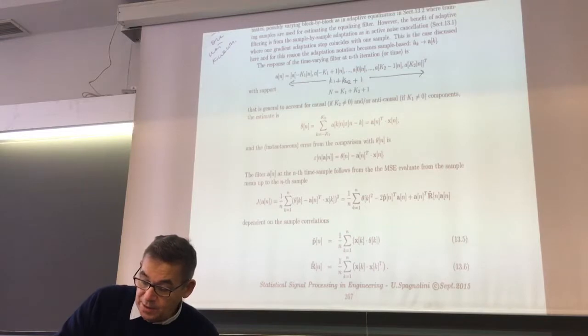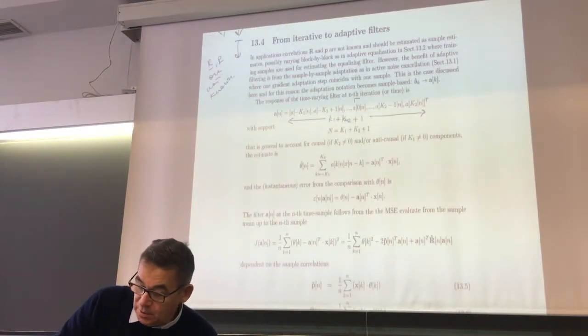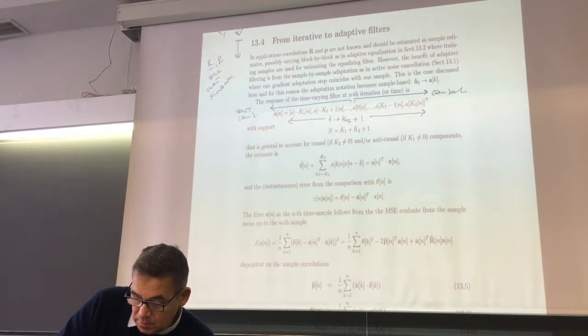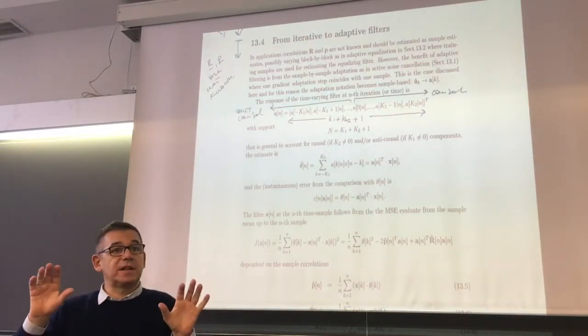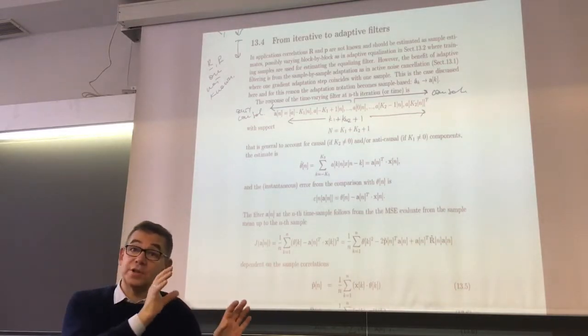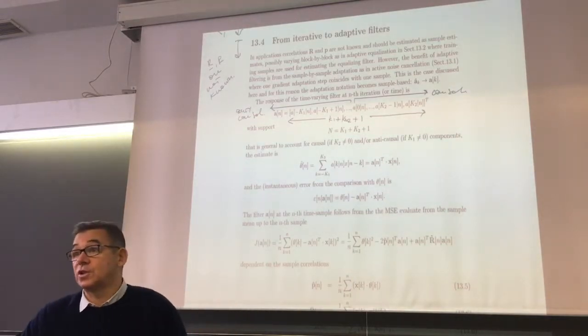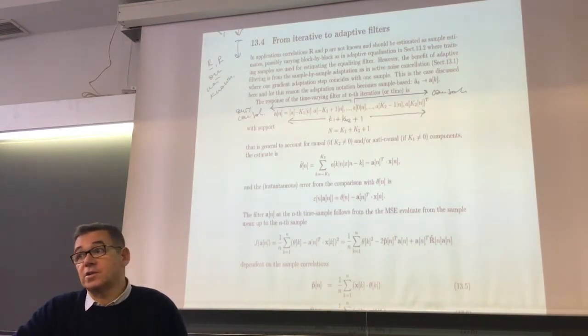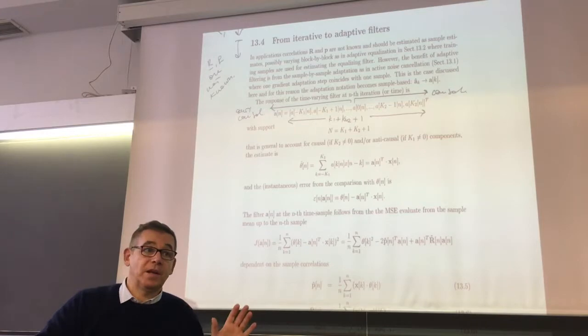This part of the filter is causal, and this part of the filter is anticausal. The filter contains K1 coefficients in the anticausal part and K2 coefficients in the causal part. That is the most general one, and in general you can consider K1 very big and K2 very big.